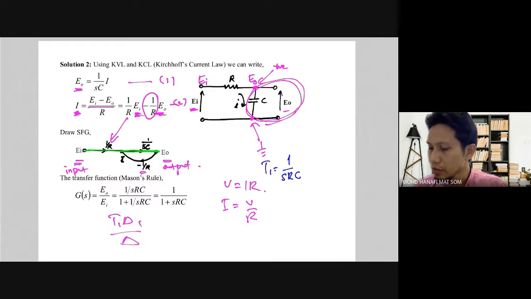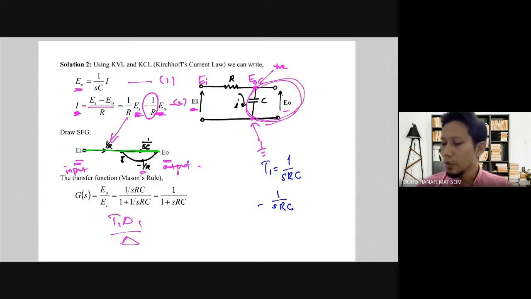So this is T1. Next we have a loop. Our loop is negative 1 over SRC.